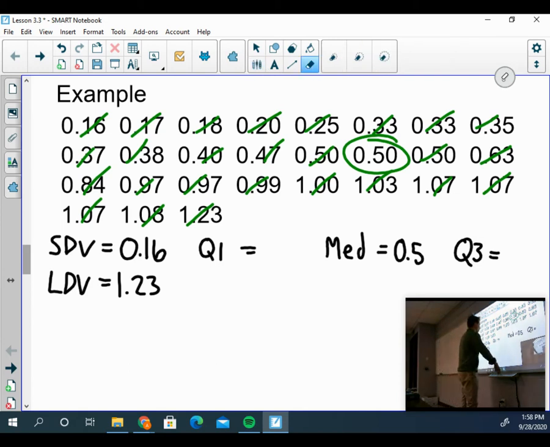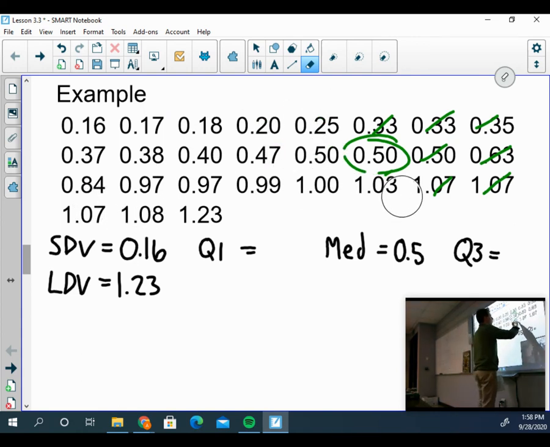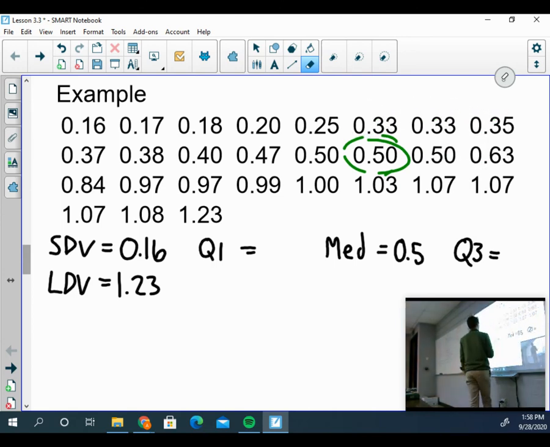Now the question becomes, how do I find Q1 and Q3? Well, to find Q1 and Q3, you simply will find the median again. The way we find Q1 and Q3 is by finding the median of the first half of the data and the second half of the data. What do I mean?